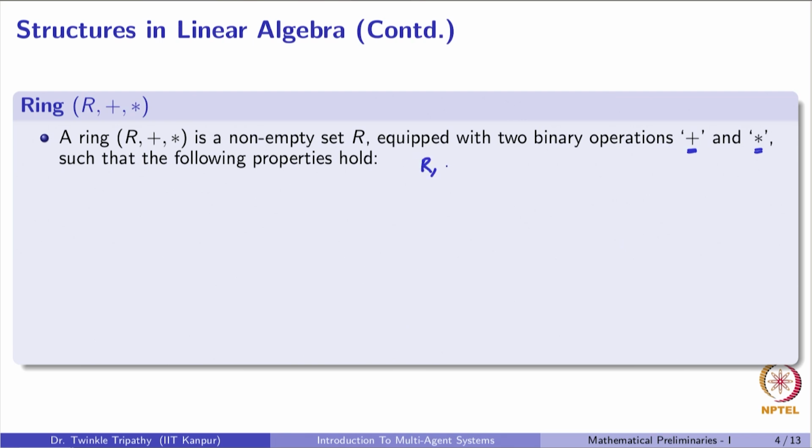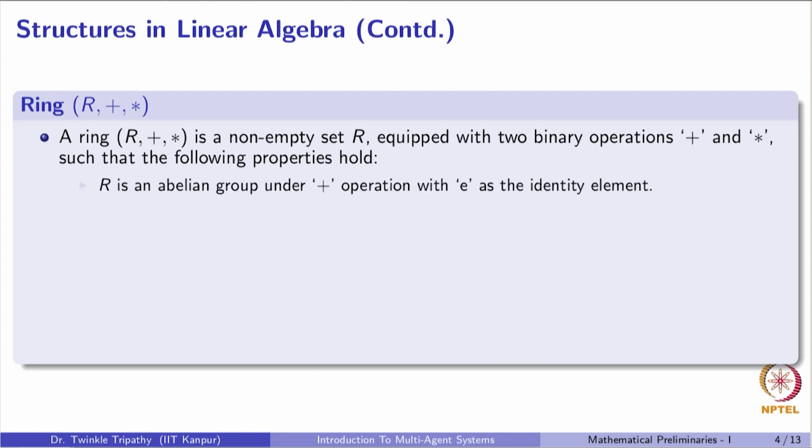R, along with these two operations, must satisfy a few properties so that the non-empty set is a ring. The first condition is that under the operation of addition, R must be an abelian group with the existence of the identity element as E.